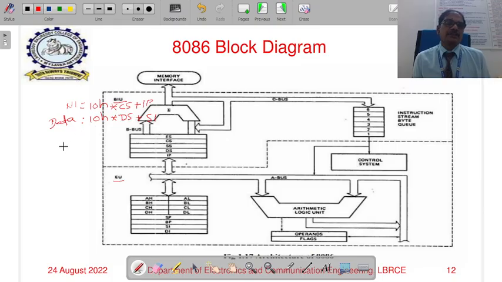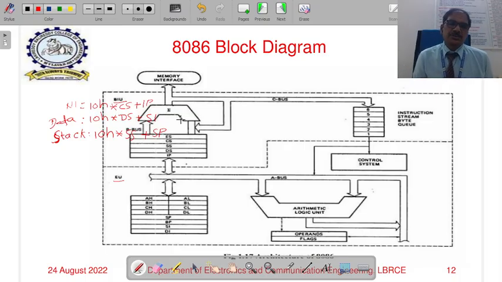Even if you want to store something onto the top of the stack, that is a push operation, or get data from the top of the stack, that is a pop operation, for that also a stack address is calculated as 10H into stack segment content plus the content of the stack pointer.